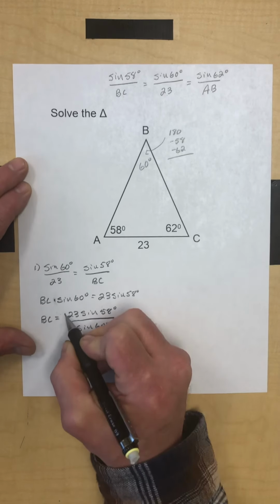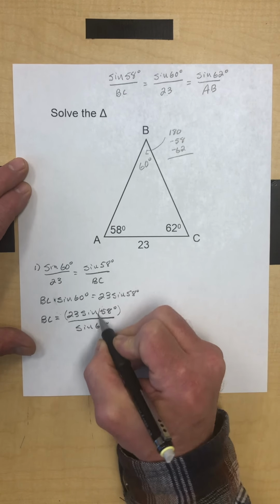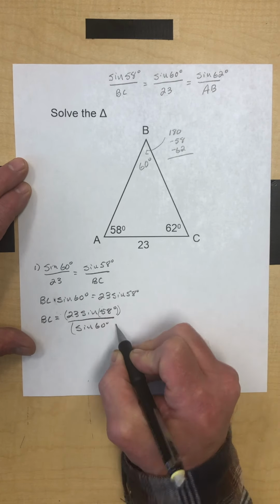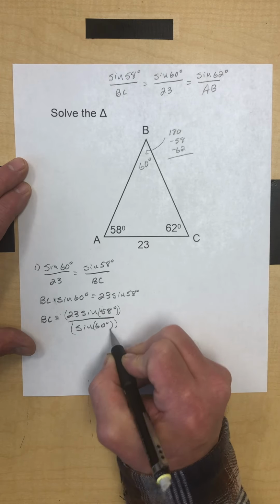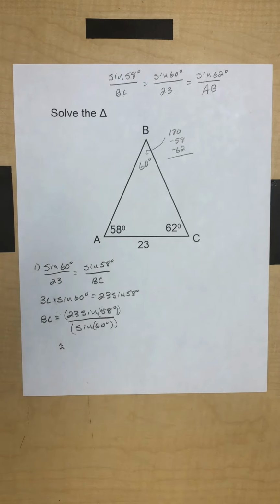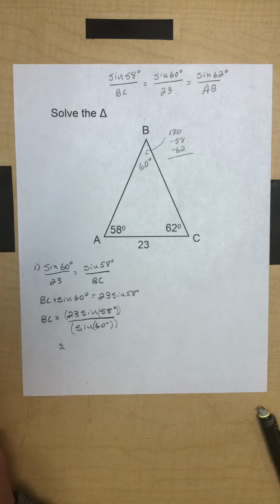And again, I'm going to punch it into my calculator. So we add in our parentheses to make sure that we get the right answer, just like we did in the last problem. Okay, so I'm going to go parenthesis 23 times the sine, and parenthesis comes up, 58, double parenthesis, divided by parenthesis, sine, parenthesis comes up, 60, double parenthesis, and hit enter.